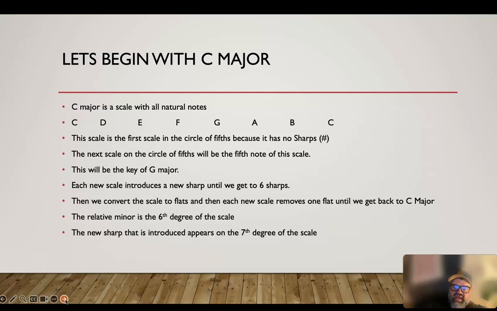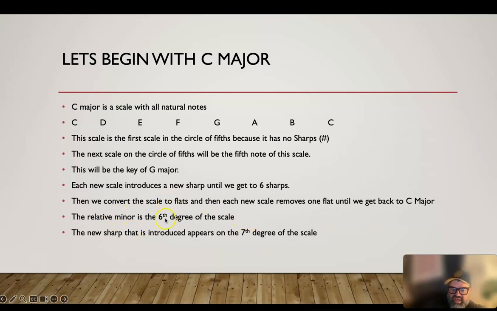And as we go through the circle of fifths, the next scale will have 2 sharps, and then the following will have 3, 4, and then 5, and then 6. Then we convert to flats, and we end up with 6 flats, 5 flats, 4 flats, 3 flats, 2 flats, and then 1 flat, and then back to C at the top.